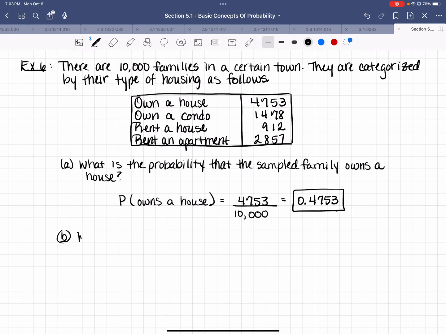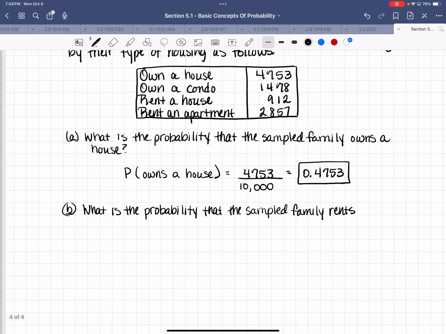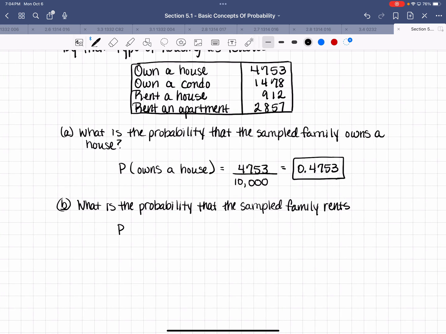B, what is the probability that the sampled family rents? Okay? So we want the probability that the family rents.